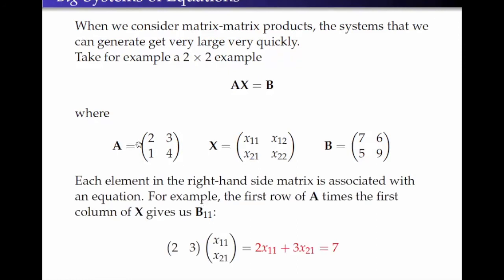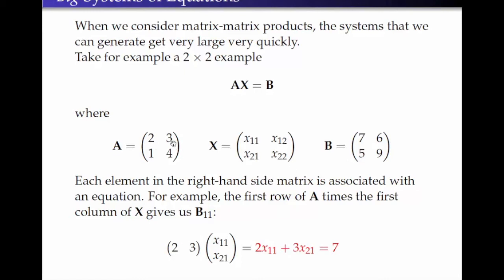So when we think about this, what this means is that I'm going to multiply the first row of A times the first column of X to get this 1,1 element of B. So this vector 2, 3 times the column vector x1,1, x2,1 will just be this inner product, and I have a right-hand side equal to 7.